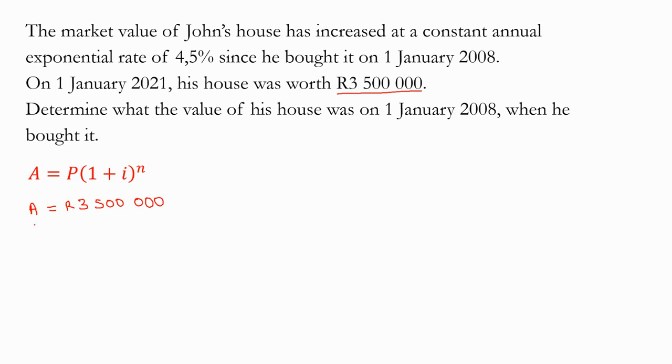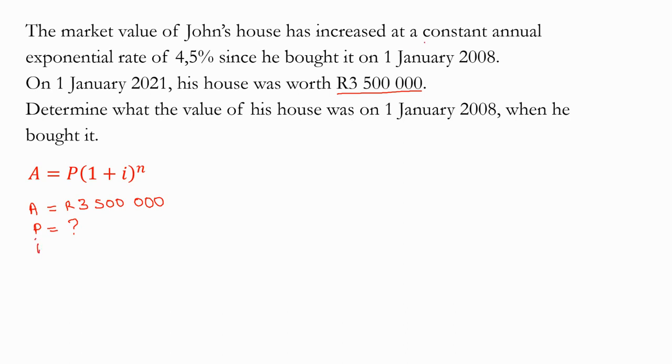And then P, the principal amount, that's what we're looking for. What was the price of the house in 2008? Now in 2021, it is 3,500,000. What was the price when it was bought? Right, and then I, we have it.